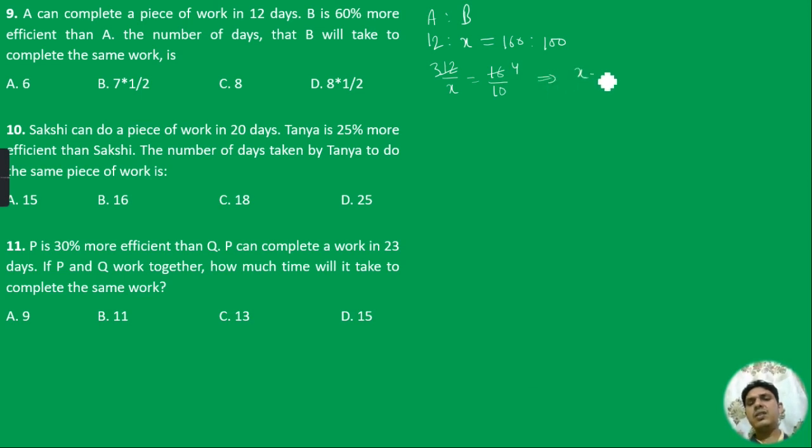For the answer, this will be 30 divided by 4. If we check 4 7s are 28, remainder 2 divided by 4, and if we further solve it, this will be 7 and 1 by 4. So option number B will be the answer.